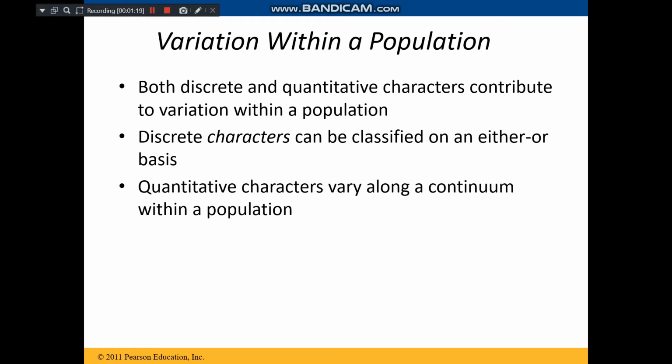These discrete characters, for a short period, may be in the population and they may disappear, or even they can persist permanently. Whereas the quantitative characters vary along the continuation of any population.